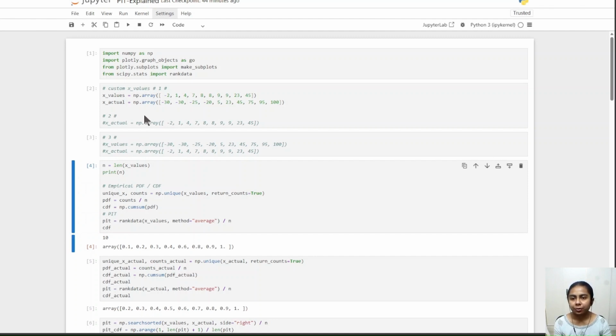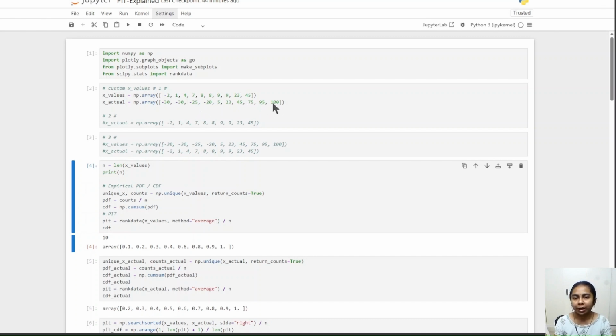If you observe, the x values are -2, 1, 4, 7, 8, 8, 9, 9, 23 and 45. And x actual are -30, -30, -25, -20, -5, +5, 23, 45, 75, 95 and 100.